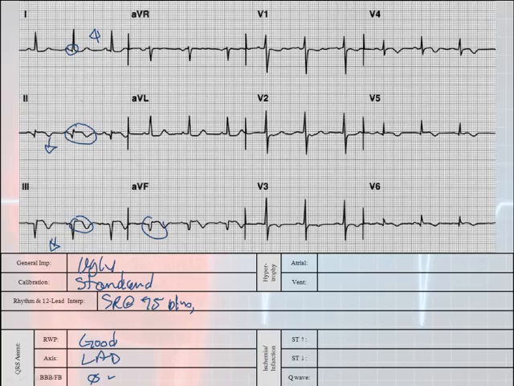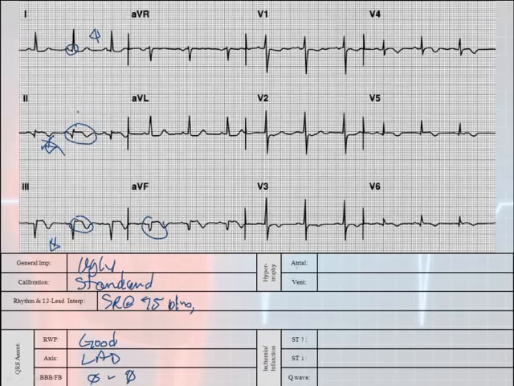I can't really tell about lead 2 right here because it looks like it's actually biphasic. So I'm going to say that that's not up, down, and down. So I'm going to say that this is not a left anterior fascicular block. There might be some other criteria that might say, yes, it is, but the criteria that I've used in the past, this is not going to be a fascicular block, but it's headed in that direction.